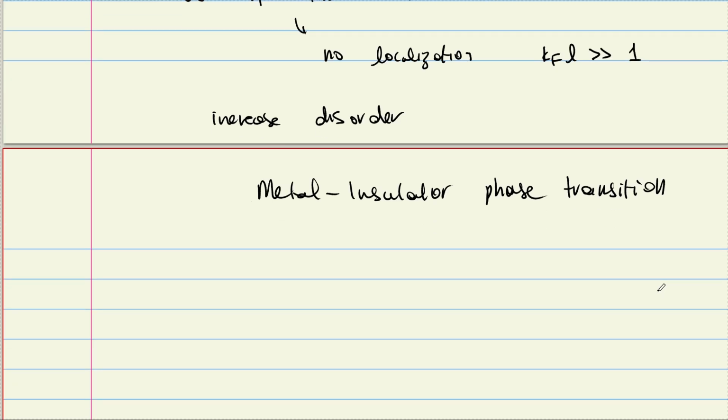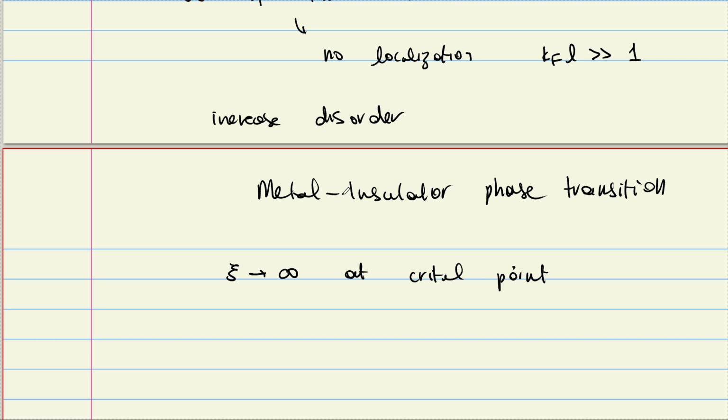I'm not going to talk too much about this, but just to expose you to a couple of things: typically there are different kinds of phase transitions. A phase transition can be either first order or continuous, and most of the phase transitions we study in physics are continuous phase transitions, or so-called Landau type phase transitions. And in Landau type phase transitions, there is some coherence length psi that diverges at the critical point.